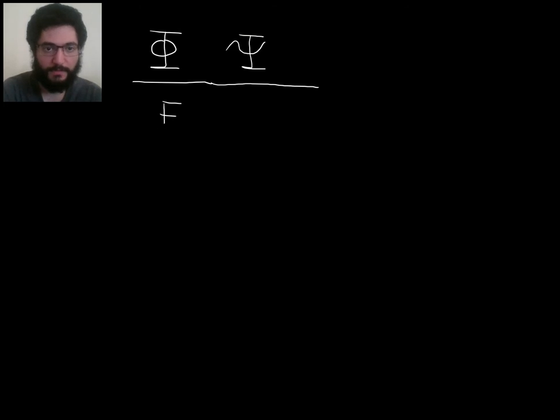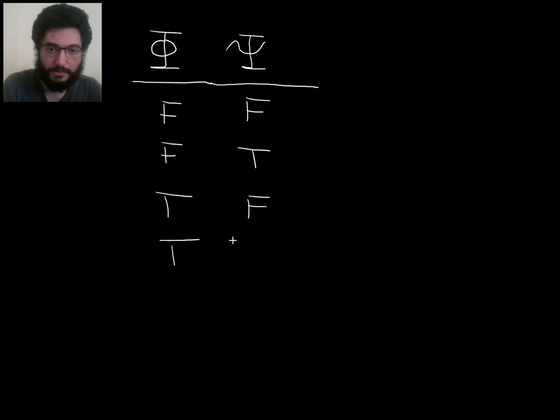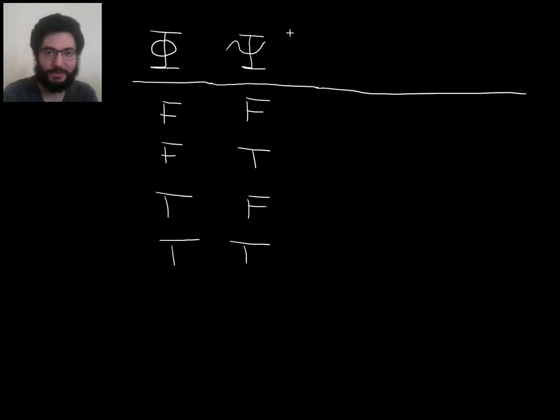You could have either phi is false and psi is false, or false true, or true false, or true true. And if you have three propositions, then you would have 8 possibilities, and so on. So given any number of propositions, thanks to excluded middle, you can list the finitely many possibilities as to their truthhood or falsehood.